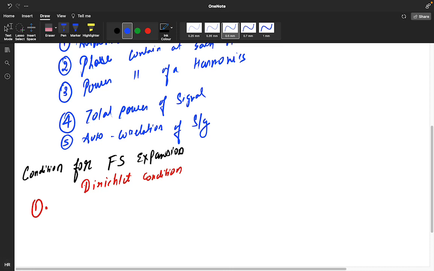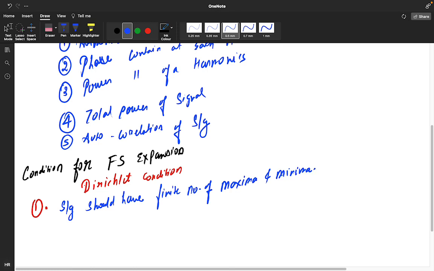The signal should have a finite number of maxima and minima over the range of a time period.